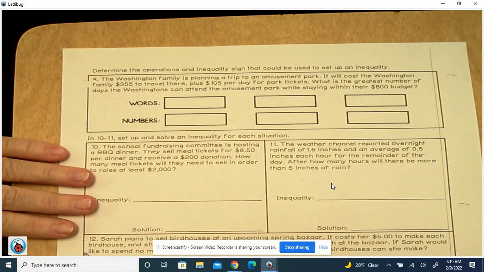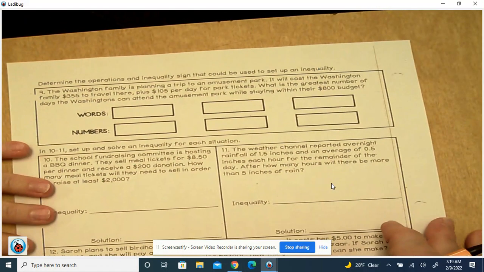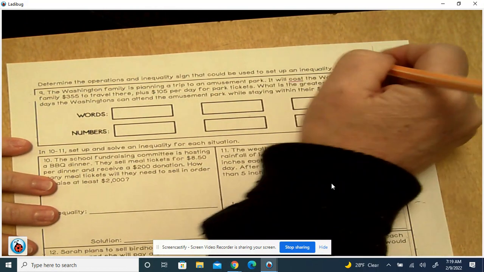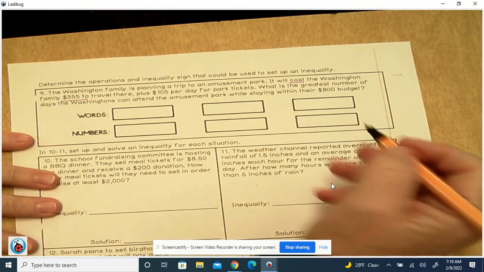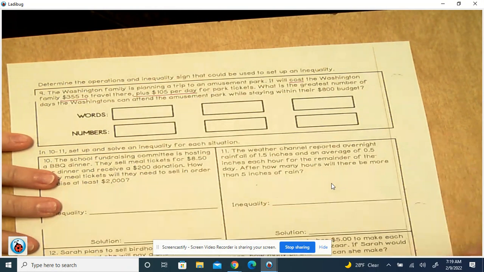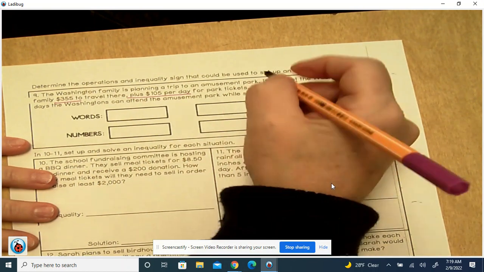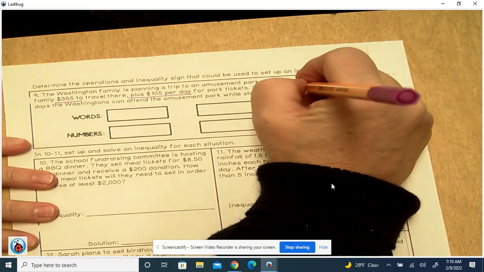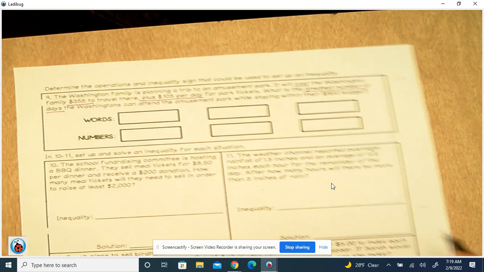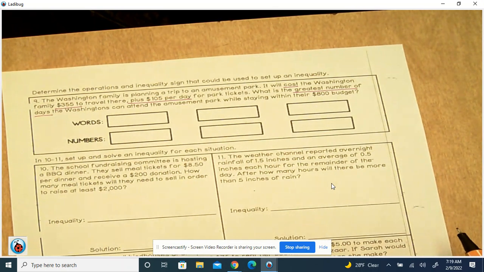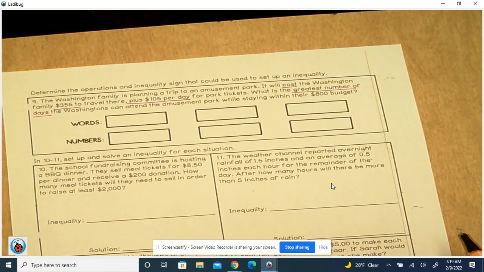Here we've got the Washington family is planning a trip to the amusement park. It'll cost the Washington family $355 to travel there, plus $1.05 per day for the park tickets. What is the greatest number of days that the Washingtons can attend the amusement park?